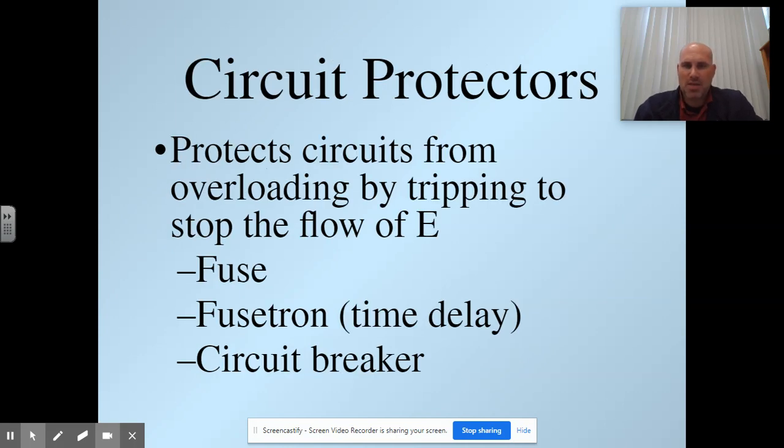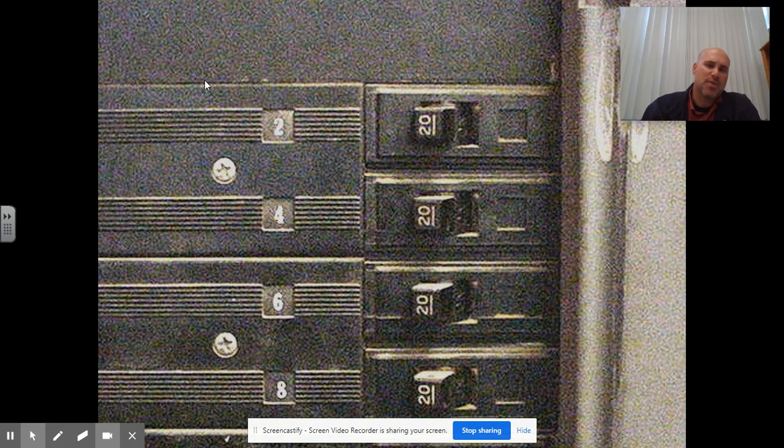There are 3 basic kinds of circuit protectors: fuse, fusetrons, and circuit breaker are 3 types. Basically, what happens is when too much electricity is pulled through there, it trips and stops the flow of electricity. This is a panel box, circuit breaker box. You have one of these in your house.